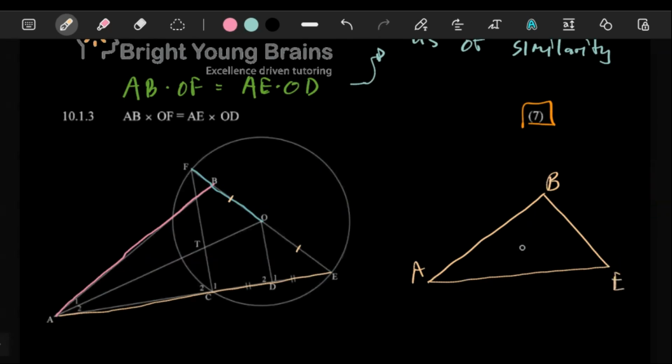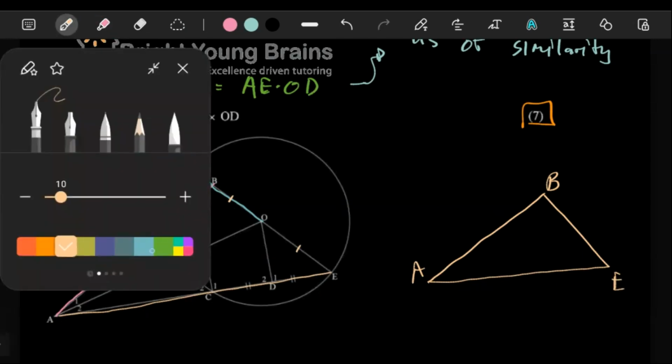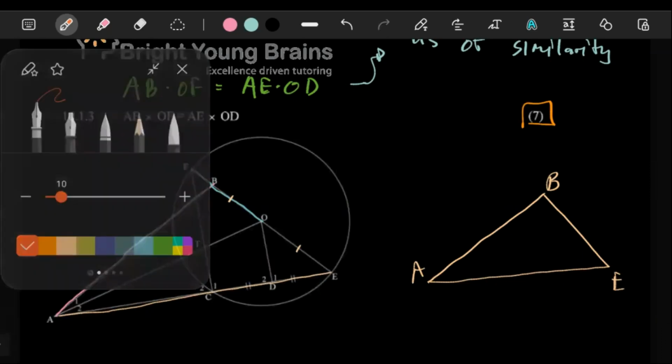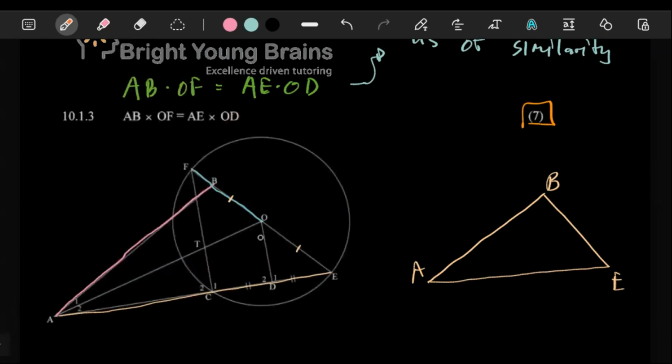And then what do they speak of next here? They speak of OD. If you look at OD, it's this line over there, which is definitely just a strange line. But remember we said the moment they spoke of OF, we would need to think of OE.